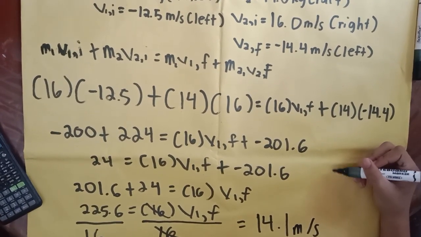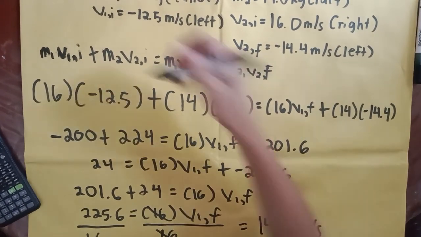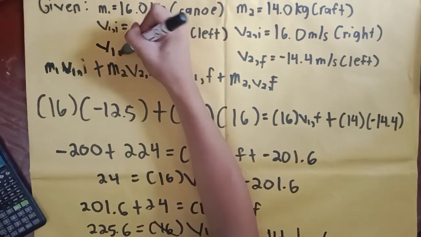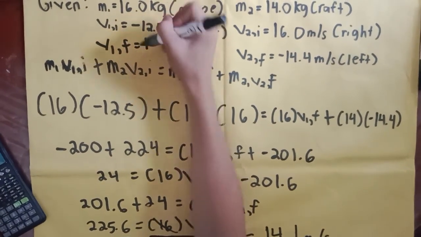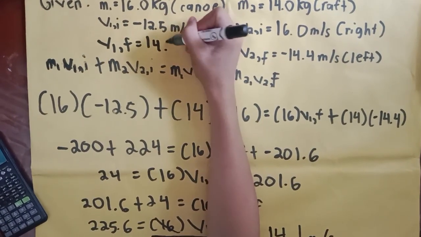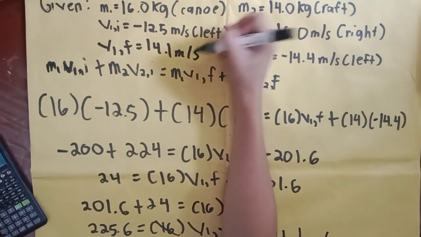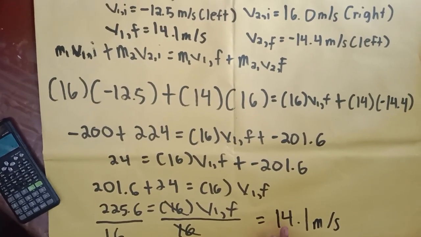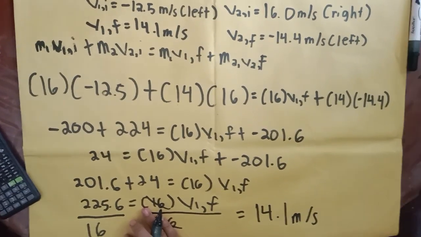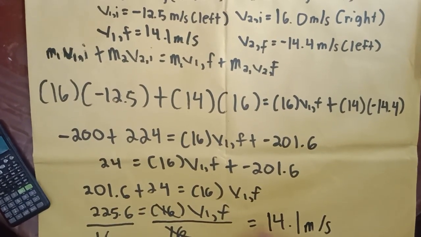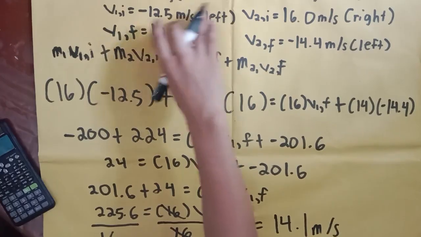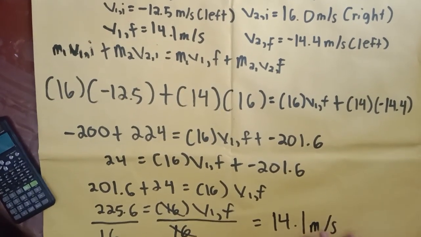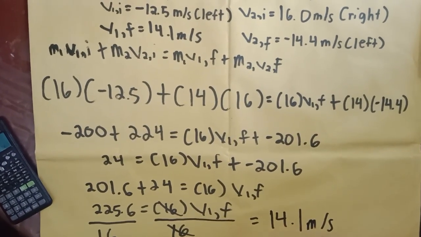So our V1F is equal to 14.1 meters per second. So that's it. We solved the unknown, which is the final velocity of the canoe, and we found the answer, 14.1 meters per second.